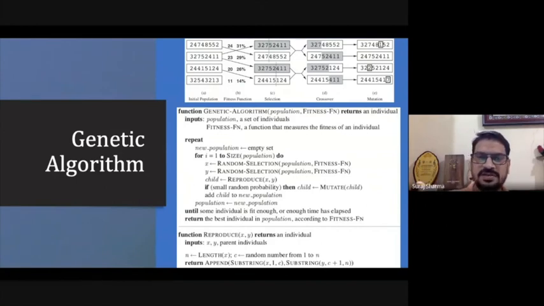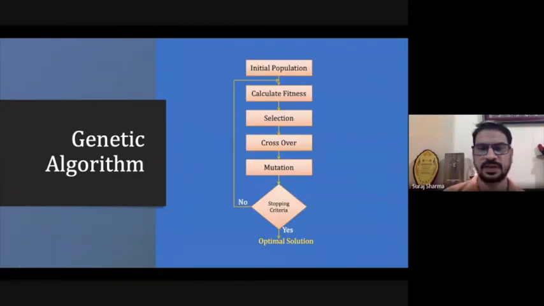So, as I told you, it is survival of the fittest. Whatever is the fittest chromosome will go further for reproduction, and the chromosome with the least fitness function will not go for further reproduction. So this is all about the genetic algorithm.